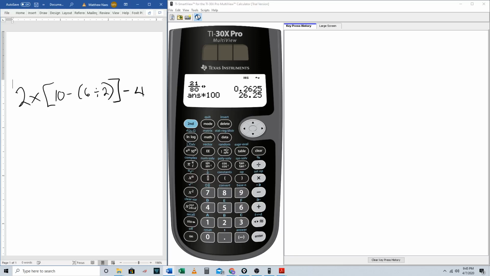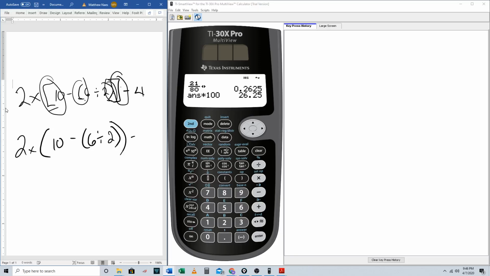You can put this entire thing in your calculator. Instead of using brackets, you write this with parentheses, because brackets are the same thing as parentheses. The only reason we use them is to differentiate between what opens and closes. These two open and close each other, and these two open and close each other.